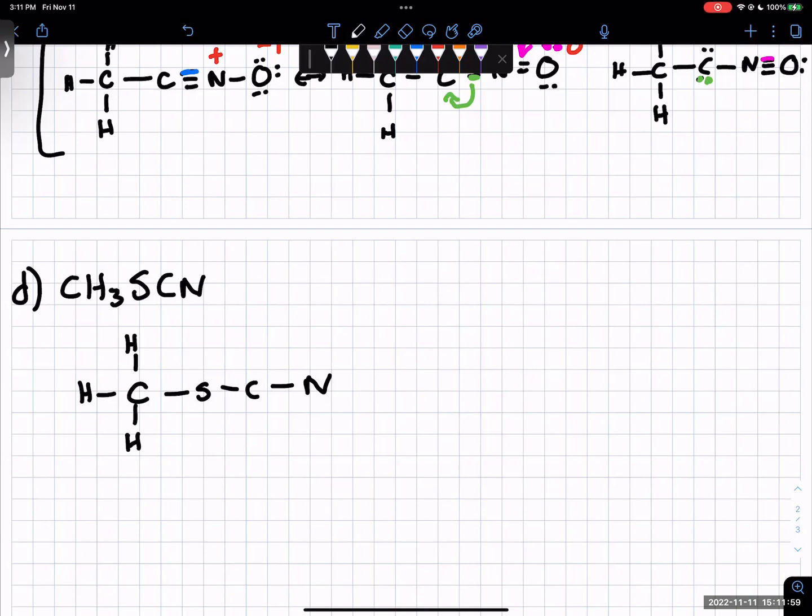I know carbon is the least electronegative compared to sulfur. Well, actually, I don't know. Jake said that they're both 2.6, meaning they're both equal. They both can act as central atoms in this case, because they both have the same electronegativity value, so it's okay if sulfur's in the middle here. Now, if you had put nitrogen right here and carbon on the outside, that would be kind of not right at all.